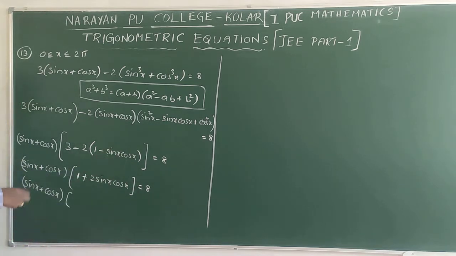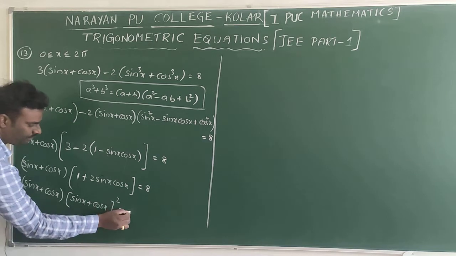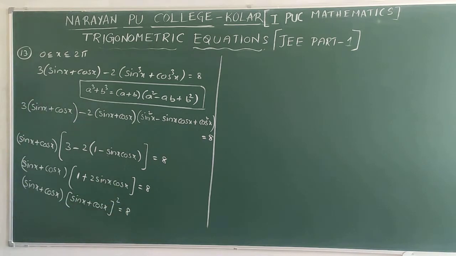It is in the form of a² plus b² plus 2ab, so I can write (a plus b) whole square. That equals 8. Finally, cube you will get: (sin x plus cos x) whole cube equals 8.